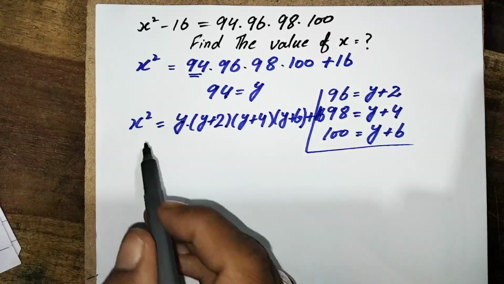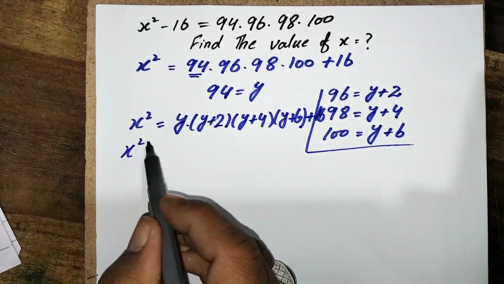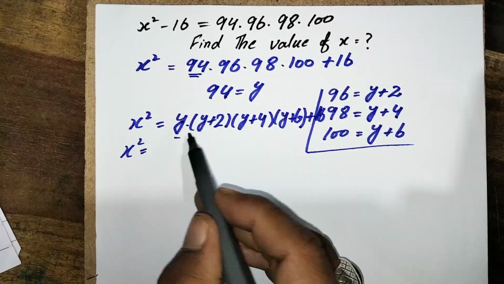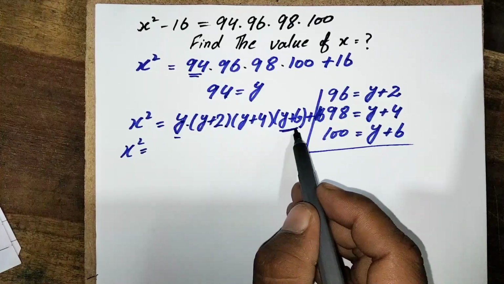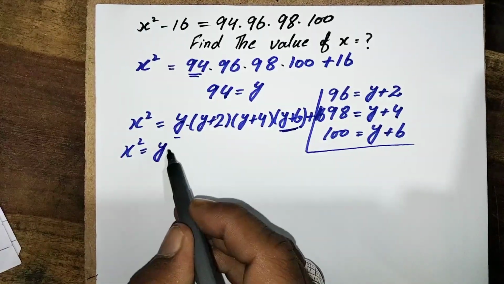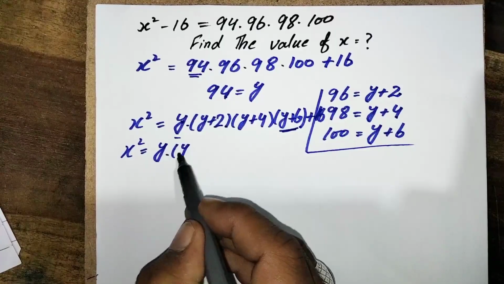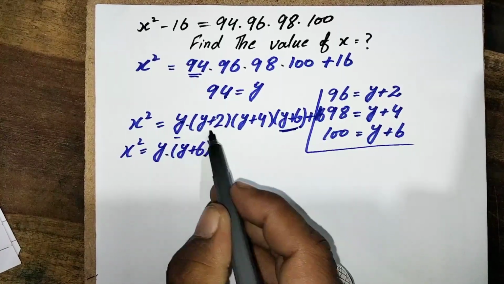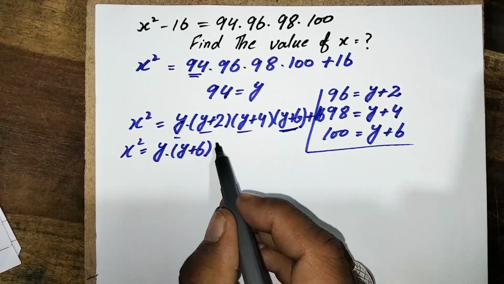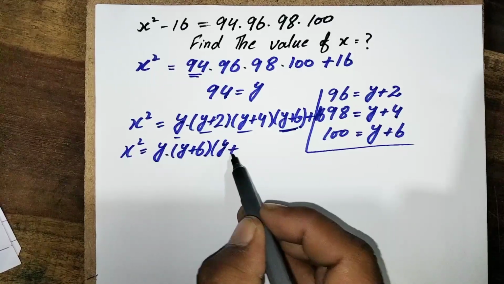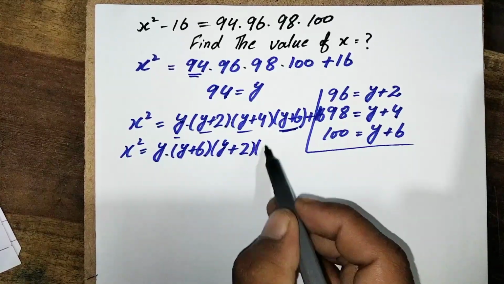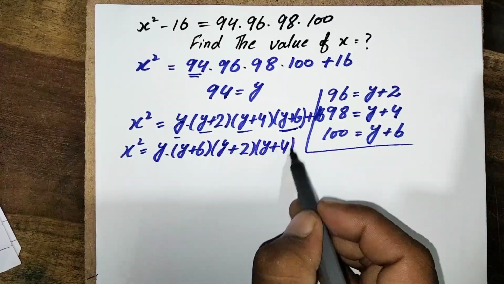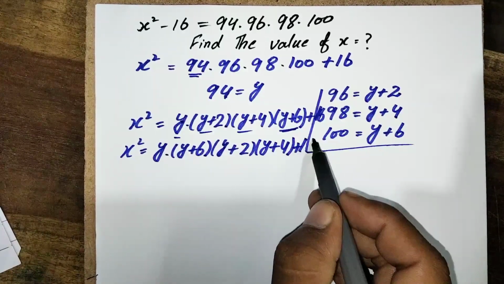Now students, x square, we take this and this factor, like here y times y plus 6, and these two factors become y plus 2 and y plus 4, plus 16.